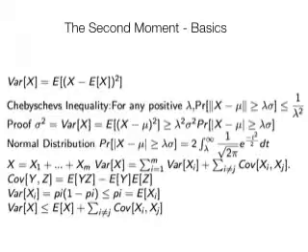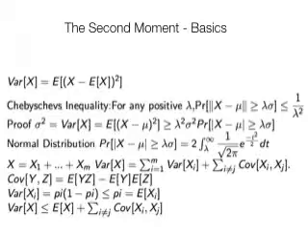So that's why there is a greater than or equal to. So here's the proof. The use of Chebyshev's inequality is called the second moment method.